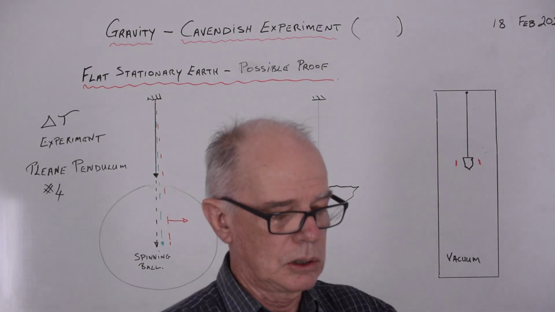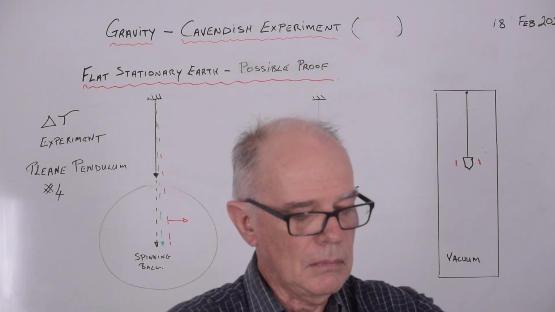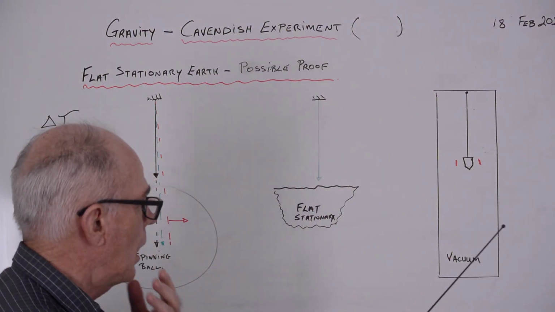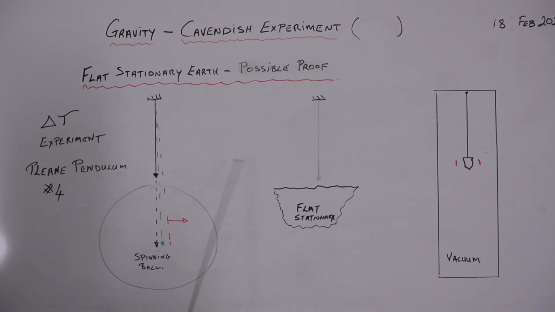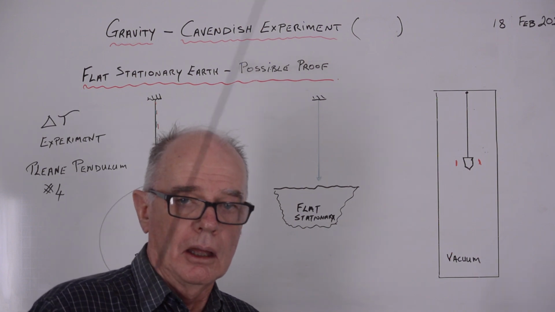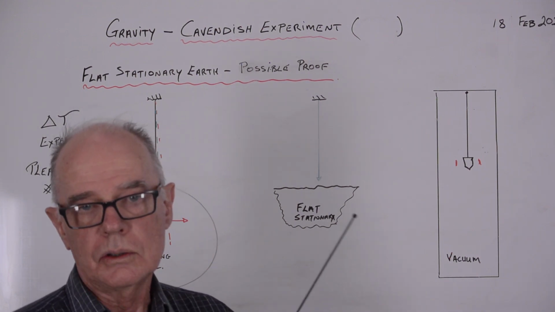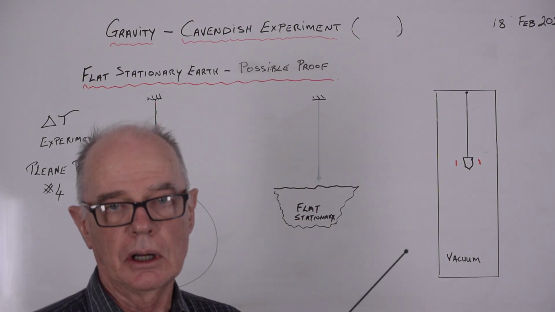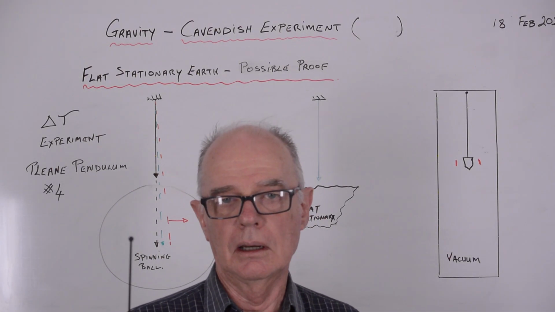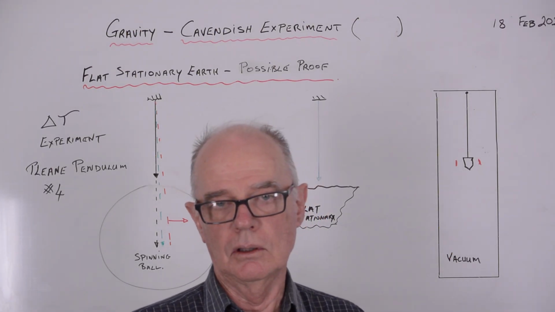Now that's what the controversy is with this so-called, I guess, the delta T. I have to play the devil's advocate and I have to tell you about it. And was Michell actually trying to look for the spin of the Earth rather than the density of the Earth?